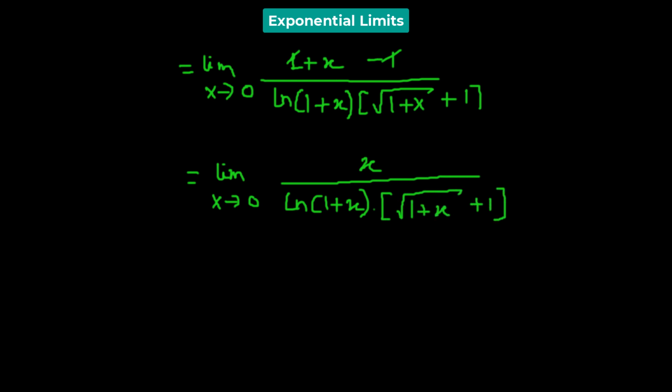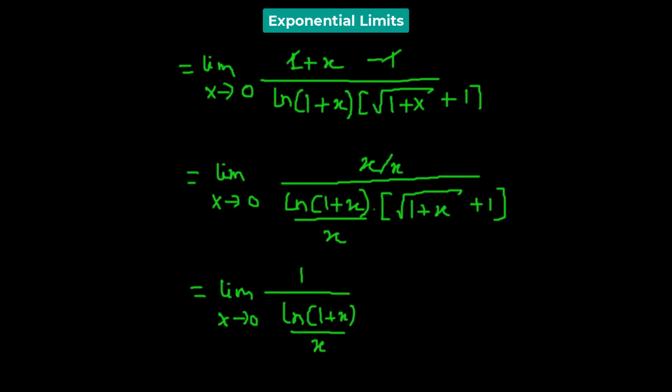Now what we can do is divide both numerator and denominator by x. So that is going to give us limit x approaching 0, 1 over natural log of 1 plus x over x, times limit x approaching 0, 1 divided by 1 plus the square root of 1 plus x.